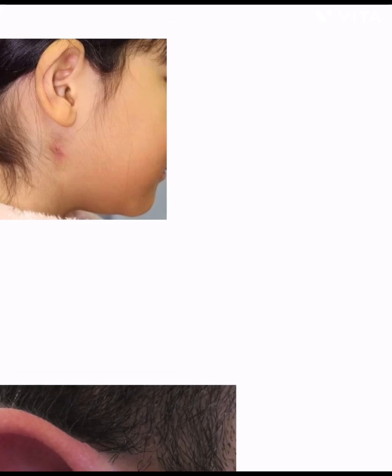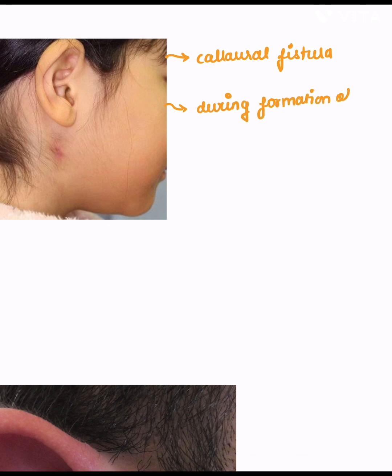Next condition we are going to see is known as first cleft fistula. During the formation of external auditory canal, the lateral part fuses and medial part forms the external auditory canal.